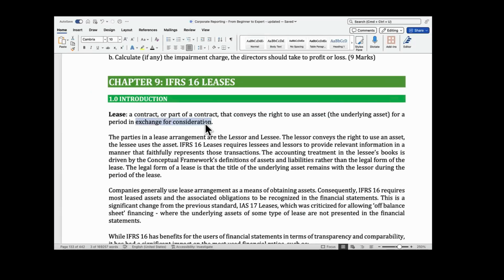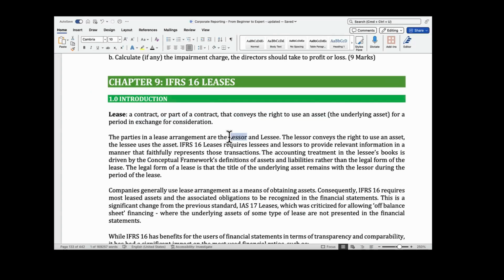You would pay for it in exchange for consideration. From this definition, you will see that there will be at least two parties in this lease contract. There is the owner of the asset, whom we call a lessor.